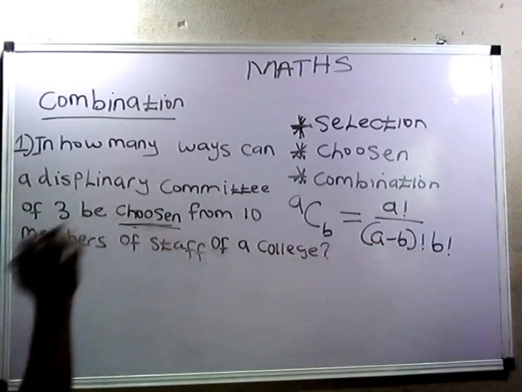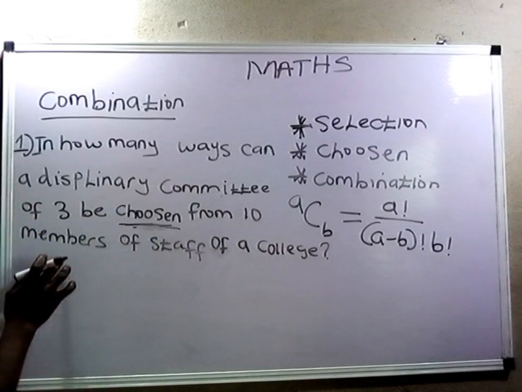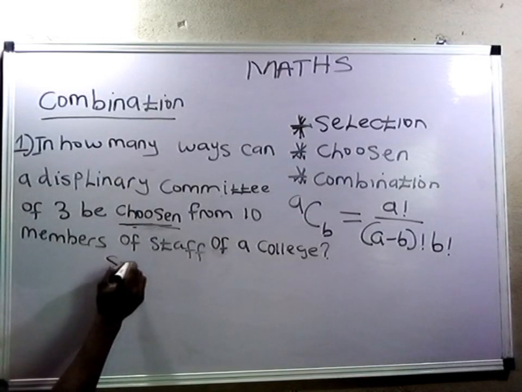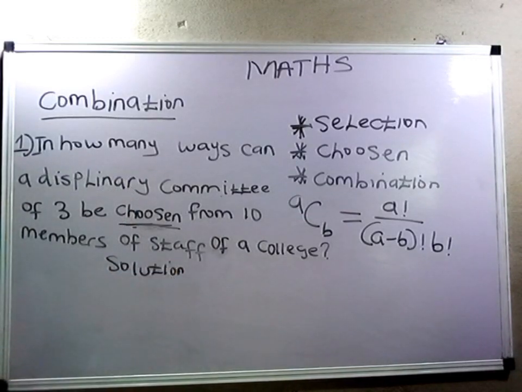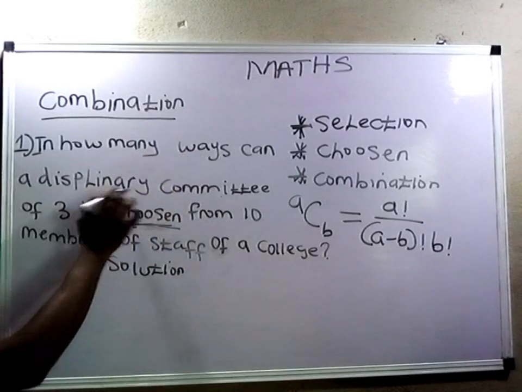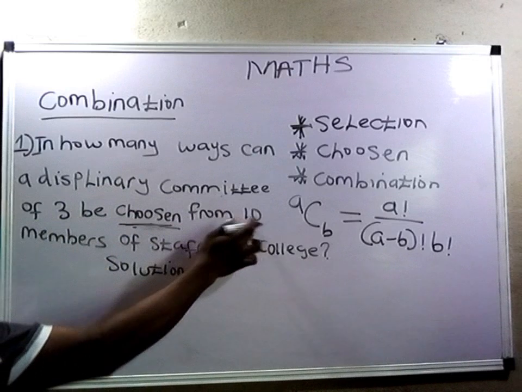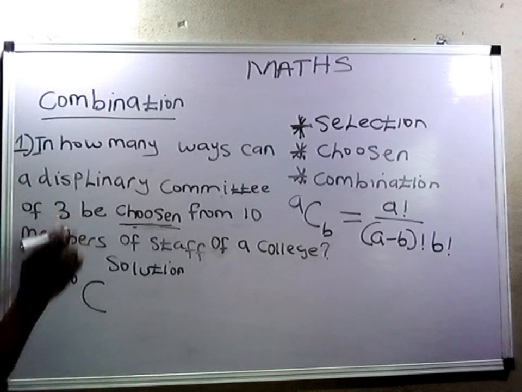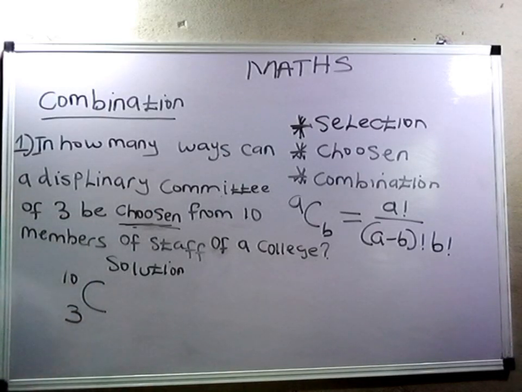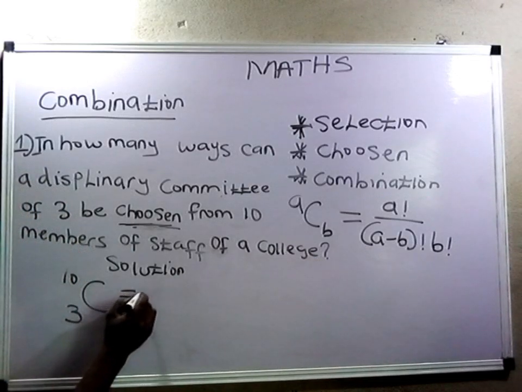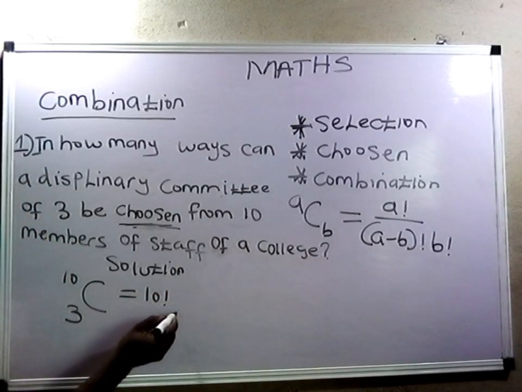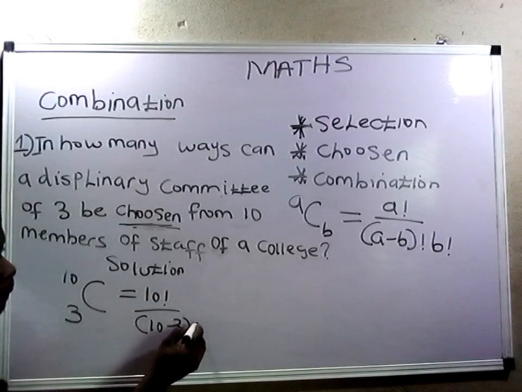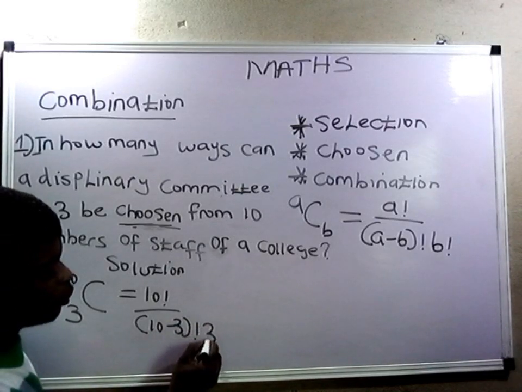So the solution to this question will be 10 combination 3. Applying this method, we have 10 factorial over open bracket 10 minus 3 factorial, then again 3 factorial.